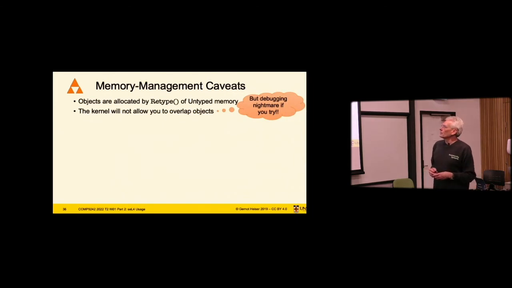This question was asked before: what if you try to retype the same untyped into multiple objects? No, the kernel will not allow you overlapping objects. Once you retyped a bit of untyped, it's in use, and you can't retype it any longer until it gets revoked. But if you try to do something like that, you will have fun debugging, so be careful.